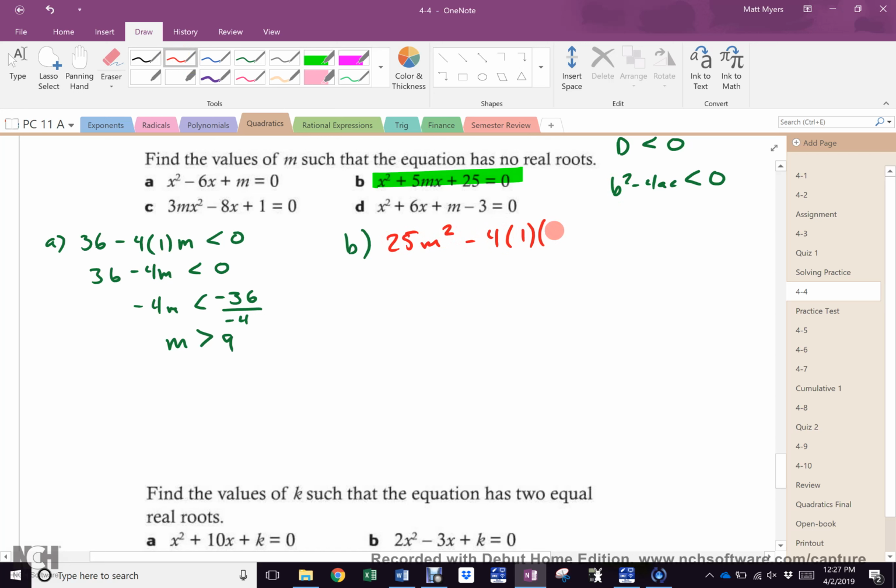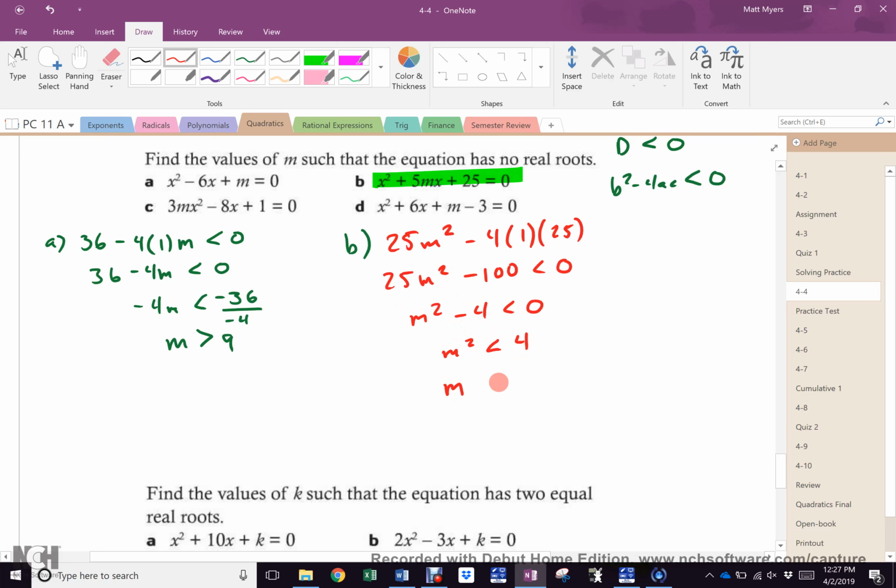What's C? 25. So 25m squared minus 100 has to be less than 0, yes? Yeah. So can I tidy that up? Sure. It's m squared minus 4 less than 0, yes?